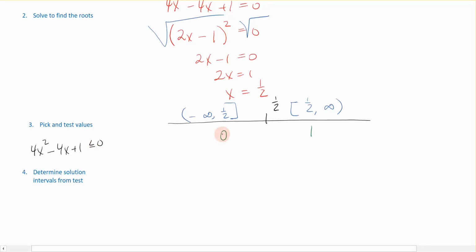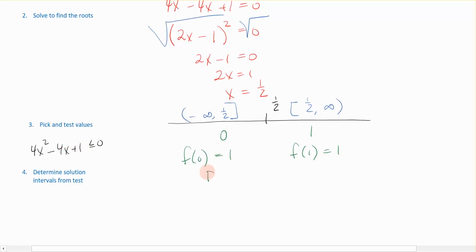So when I plug 0 into this function and evaluate it, 0 minus 0 plus 1 is just 1. Now let's plug a 1 into here and see what happens. 4 minus 4, 0 plus 1, well, that's 1 also.